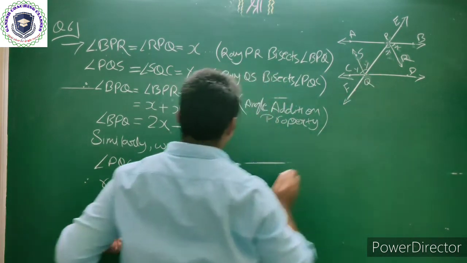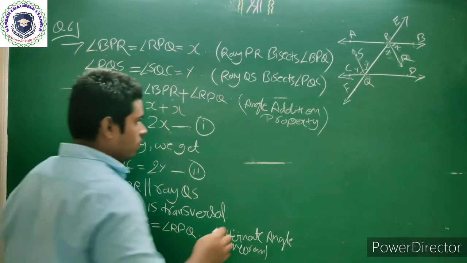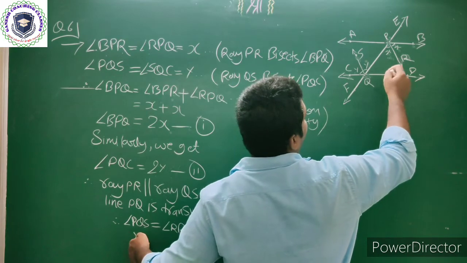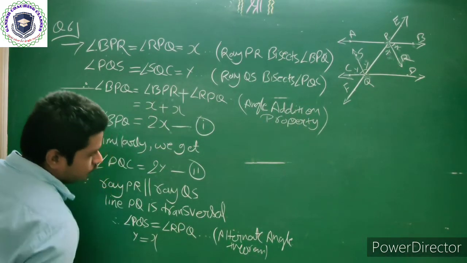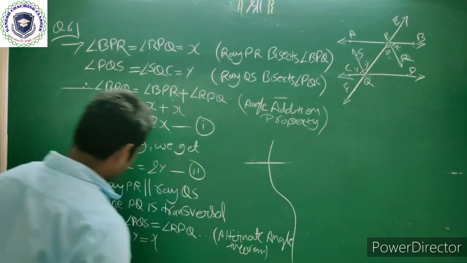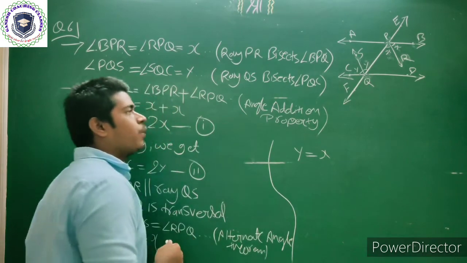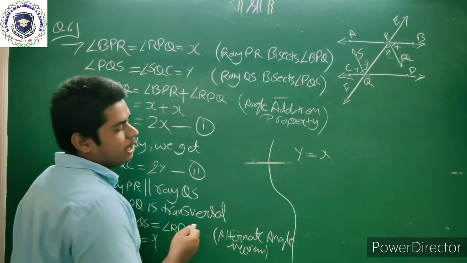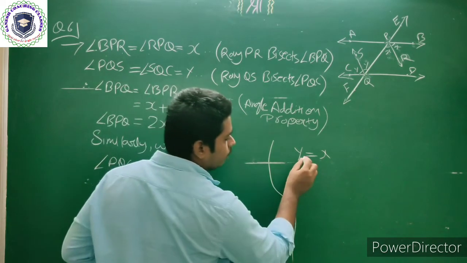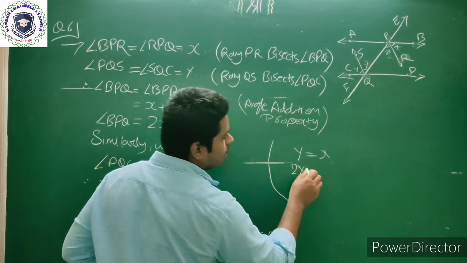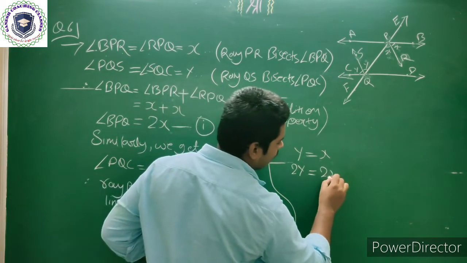What is the value of PQS here? PQS is y. And what is the value of RPQ? That is x. So we got y is equal to x, that is x is equal to y. Now we multiply this equation by 2. On the left-hand side we get 2y and on the right-hand side we get 2x.